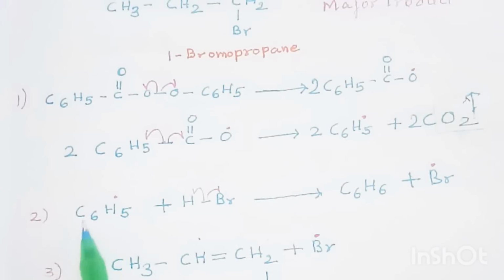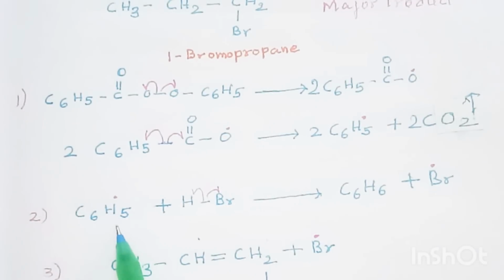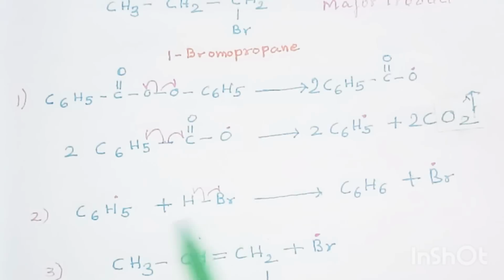Now this C6H5 free radical will attack the HBr. So the HBr bond undergoes homolytic cleavage and forms Br radical and H radical. The H radical will combine with the C6H5 free radical to form C6H6, that is benzene. This bromine radical is there.